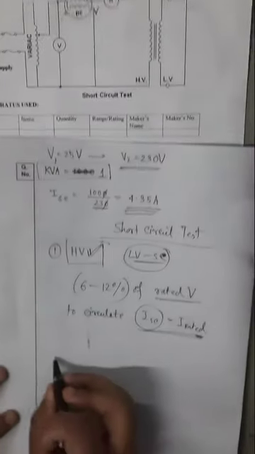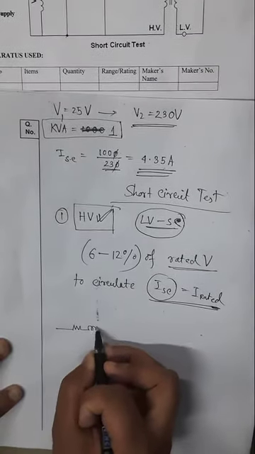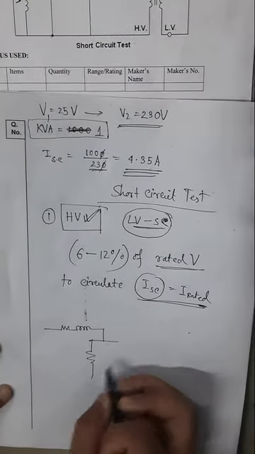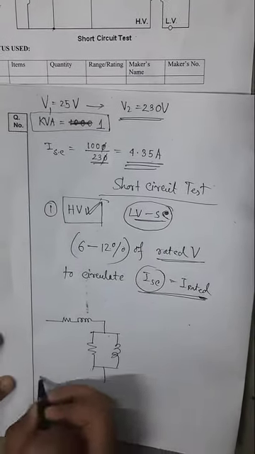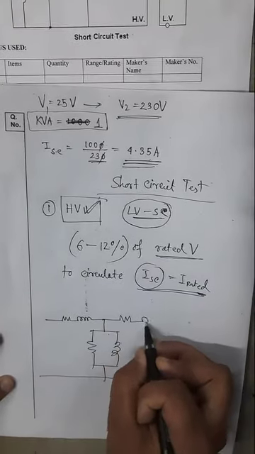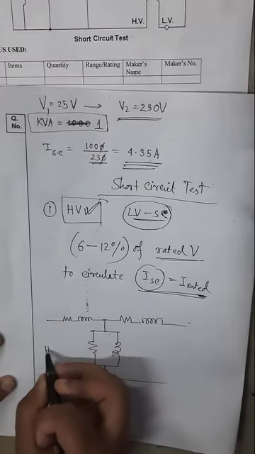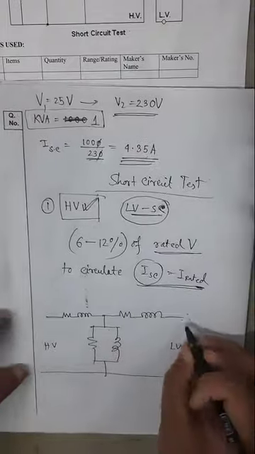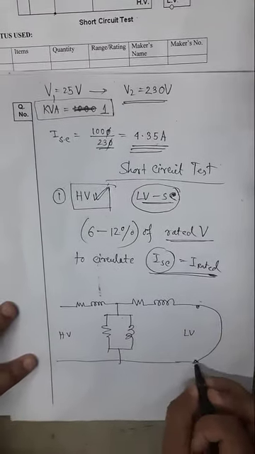Okay, and this is the equivalent circuit. This is the primary or HV side, this is the secondary LV side, and the LV side is short circuited.